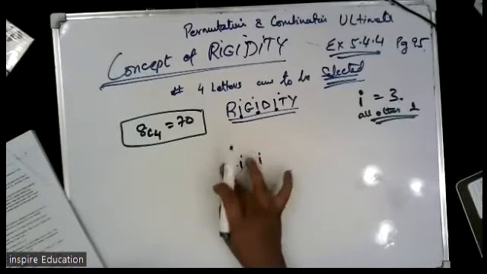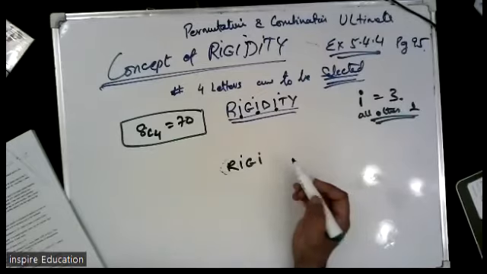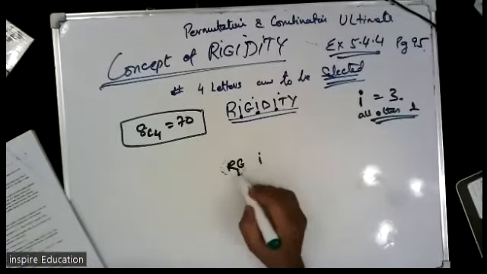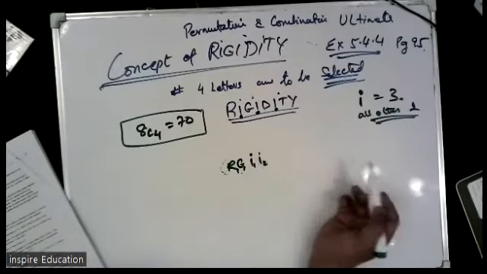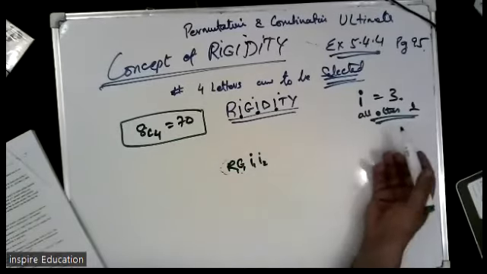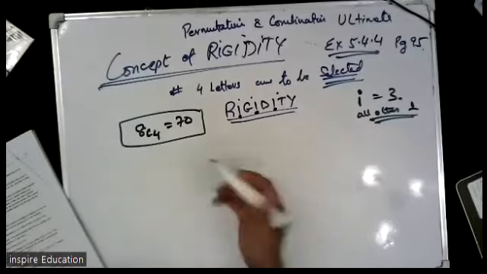Are you with me? So if I do R-I-G-I, there's a 4-letter combination. The G and the R are ones, but the I1 and I2 cannot be differentiated from the I3 because there are 3 eyes. So the question needs to be broken down.